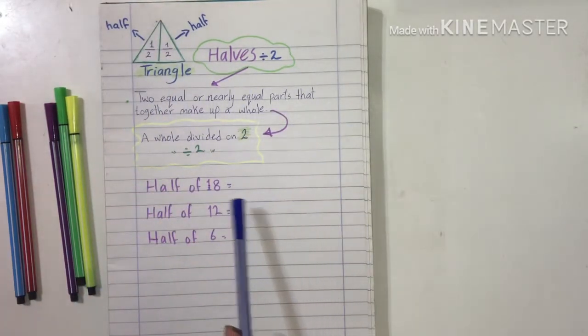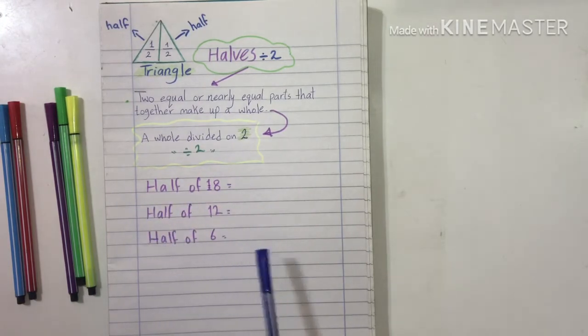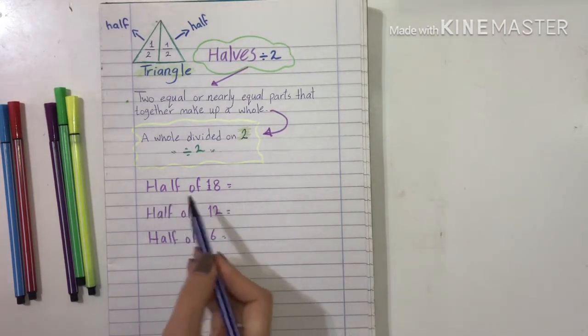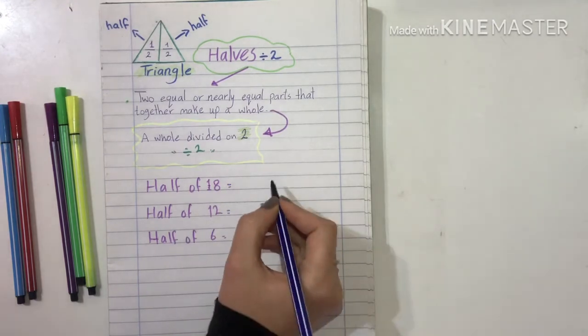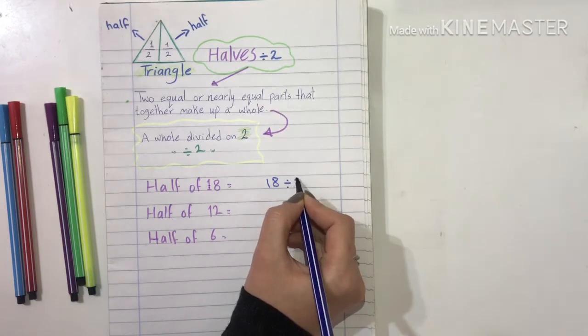We work with the same idea for dividing the numbers or half of the numbers. The first example we have is half of 18. Half of 18 means 18 divided by 2.